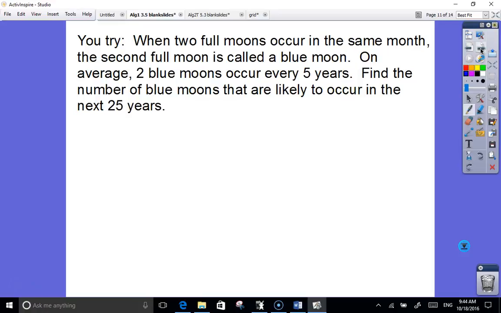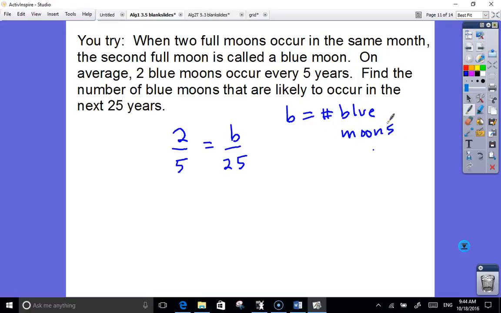So again, it's like 2 is to 5 as what is to 25? Right? So you set it up as an equation and solve. How do I solve this one?